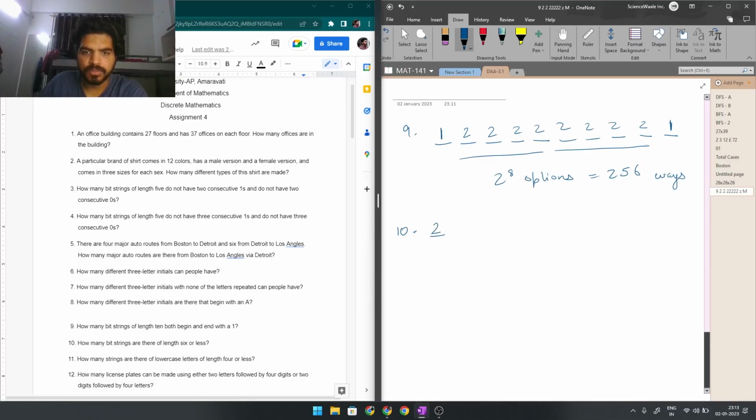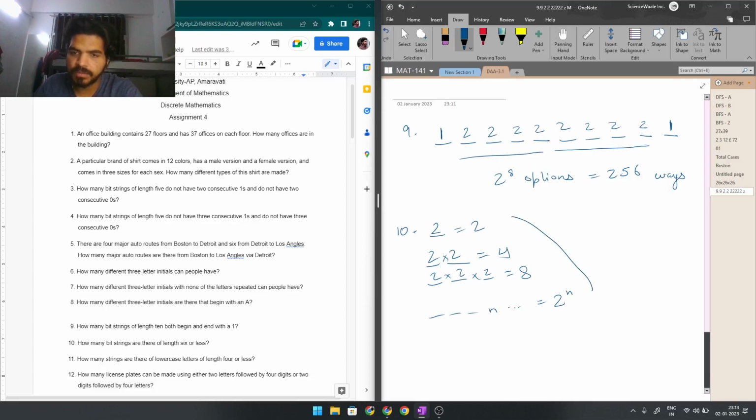We have two options here. The string of length 2 has 2 times 2, that is 4. 3 places, that will be 8, and so on. If we have n places, that will be 2 to the power n.